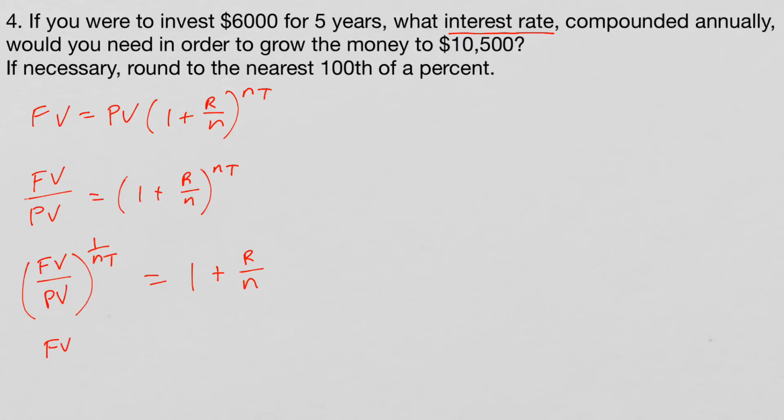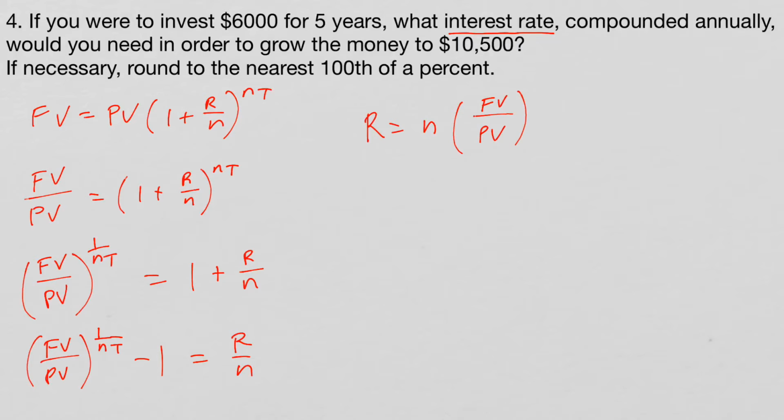So I have future value over present value to the 1 over nt, minus 1 is equal to r over n. And finally, I'm going to multiply each side by n. So I get r is equal to n times the quantity future value over present value to the 1 over nt, minus, and then I'm going to just distribute, and I'll have 1 times n is n. So there's my formula, okay?